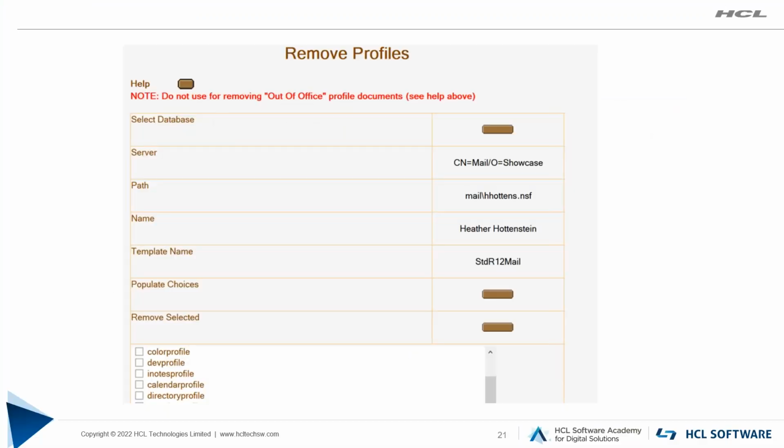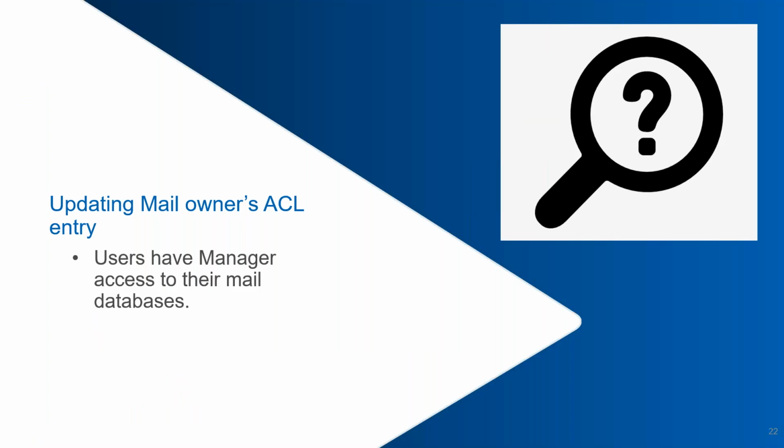So let's move on and let's talk about another use case. Oh my. Being that I have been doing Notes and Domino for a long time, back in the day, circa 1998, I ran into this one a lot. For any of you out there that have been around for a while, you either already know what I'm going to say, or as soon as I say it, you'll be like, oh yeah.